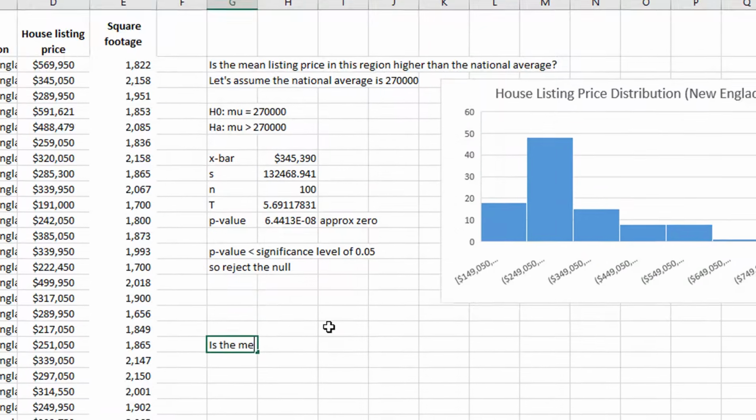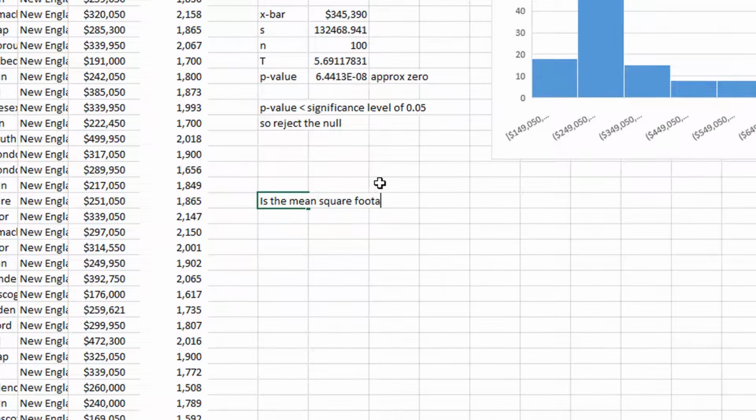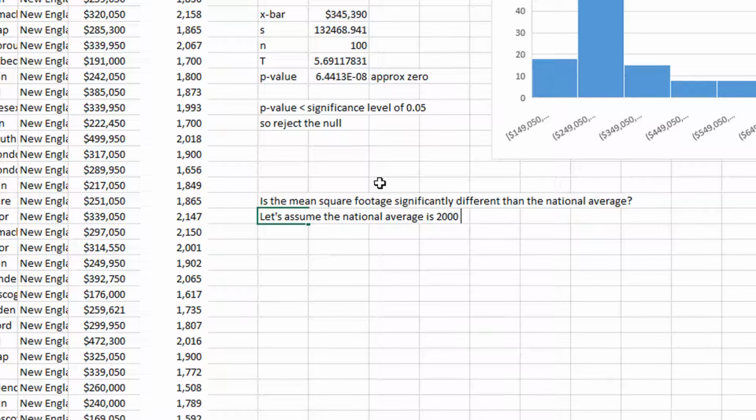Is the mean square footage significantly different than the national average? Let's assume the national average is, let's do 2,000 square feet. Okay, so here the null hypothesis is that the mean is equal to 2,000, and the alternative hypothesis is that the mean is not equal to 2,000.